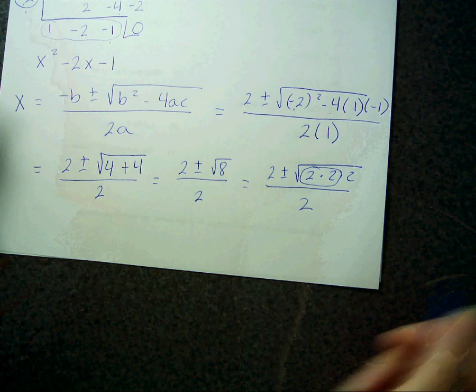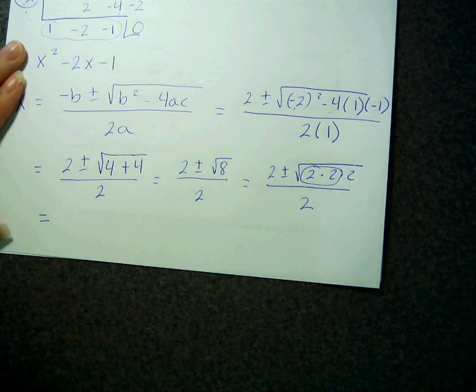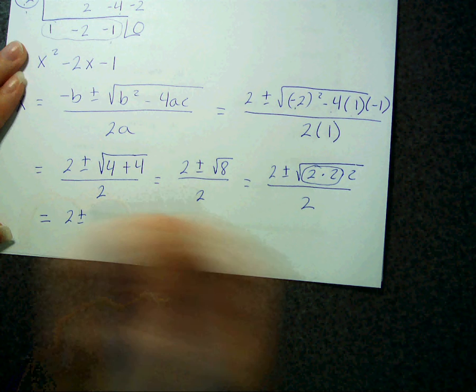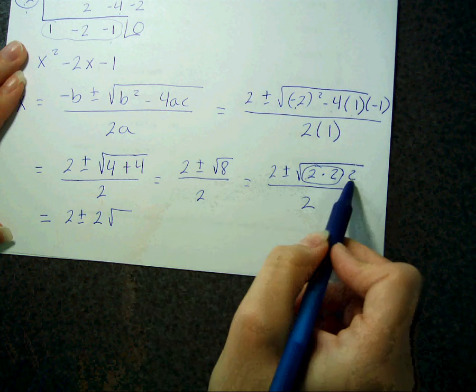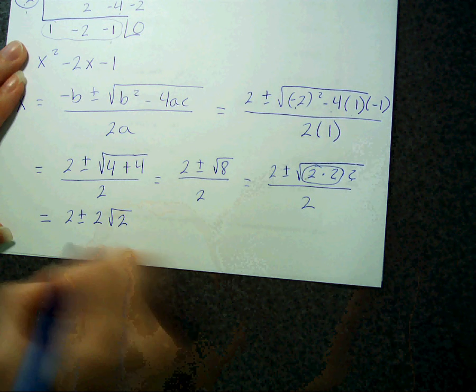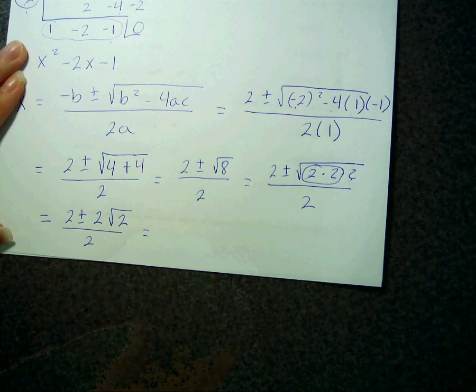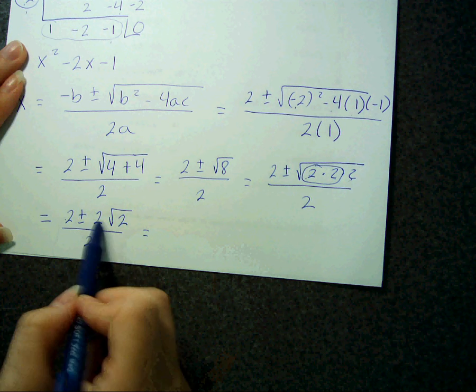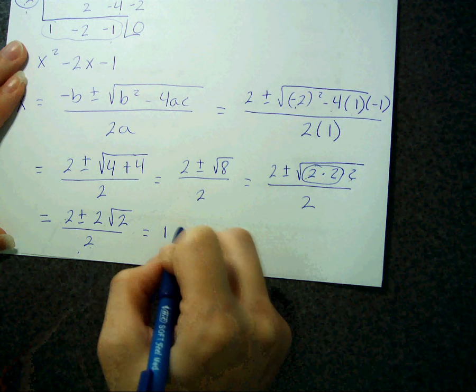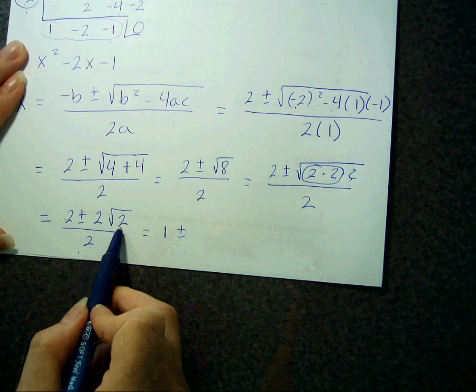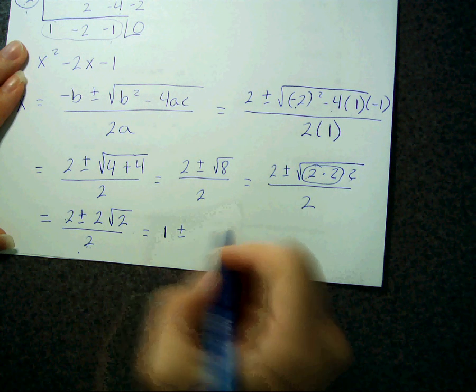So I'm pulling this pair out, so I have 2 on the outside and a 2 left on the inside, all over 2. I have 3 terms. They're all divisible by 2. 2 divided by 2 is 1, plus or minus 2 square roots of 2 divided by 2. These 2's cancel out, so I get the square root of 2.